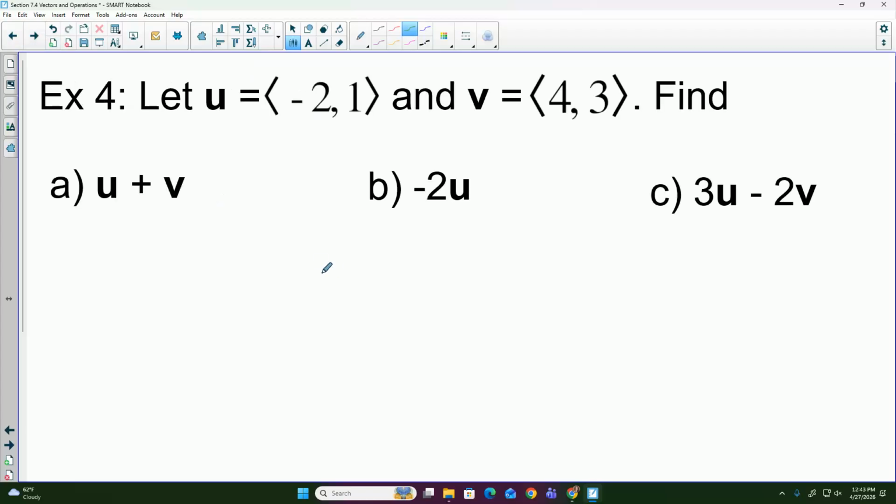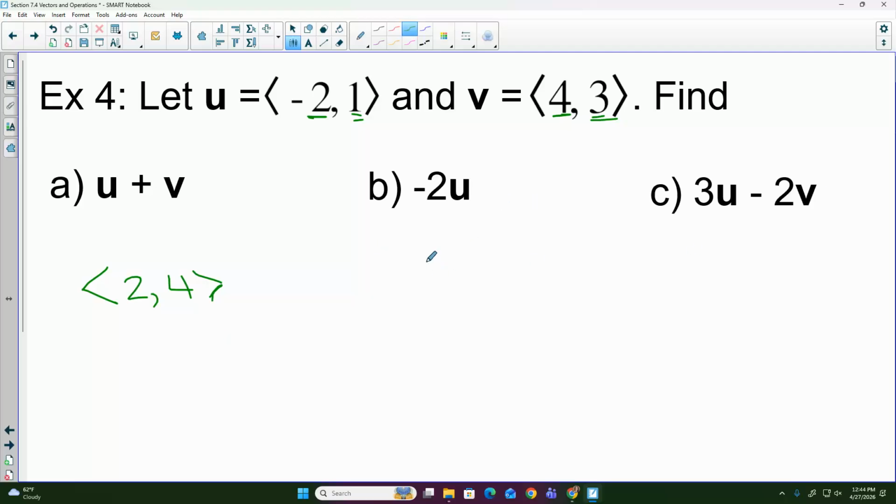So, if I gave you u plus v, to get our vector, we add the x values together, so we get 2. To get the y's, we do 1 plus 3, which is 4. So when we add those, we get vector 2, 4. The only difference is to show they're vectors, we use those little brackets, it's not a parenthesis. Use that symbol there.